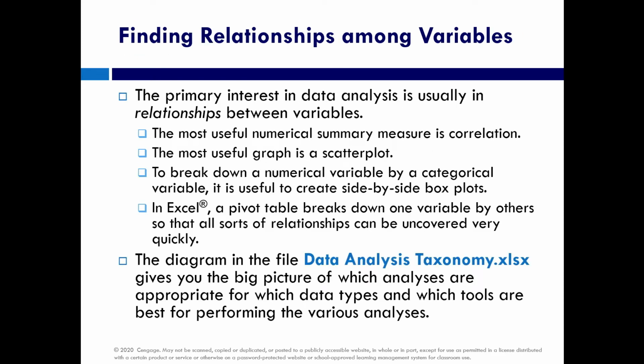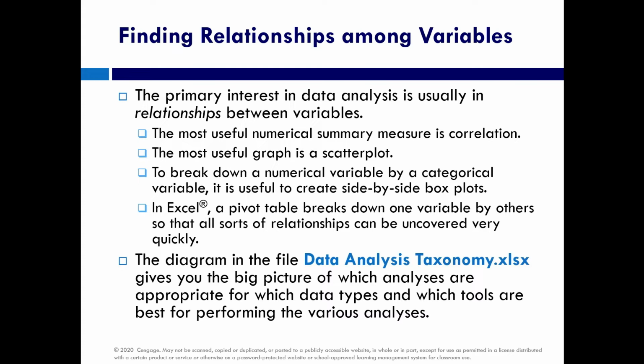Finding a relationship among variables. The primary interest in data analysis is usually a relationship between variables. The most useful numeric summary measure is correlation. The most useful graph is a scatter plot. To break down numerical variables by a categorical variable, it is useful to create side-by-side box plots.